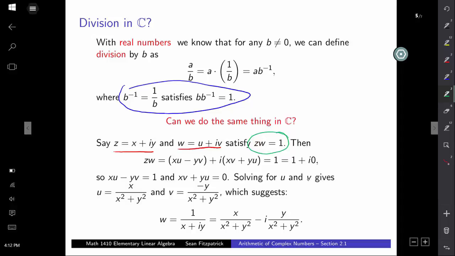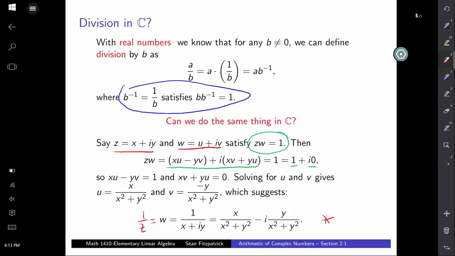So I multiply things out using the rule for multiplication right here, and I set it equal to 1, remembering that 1 really means 1 plus 0 times i, right? 1 is technically a complex number, it's just the imaginary part is 0. That gives me a pair of equations. You can solve those equations. It's not very easy, but you can solve them. And you can figure out what u and v have to be in terms of x and y. And you get this formula down here for the reciprocal, right? So this w is 1 over z.